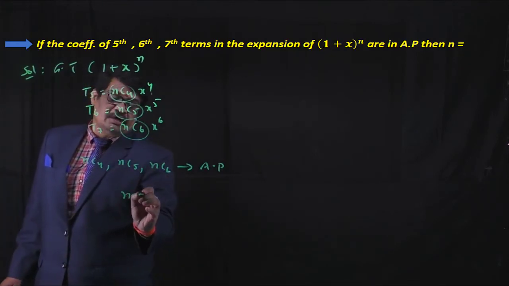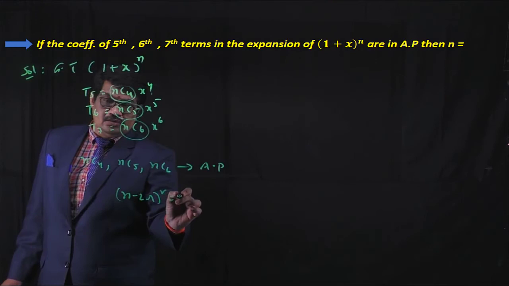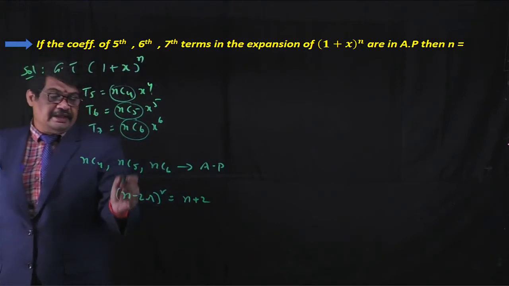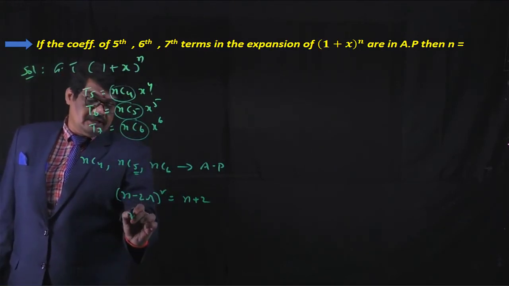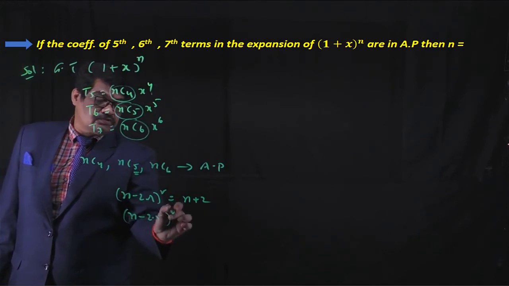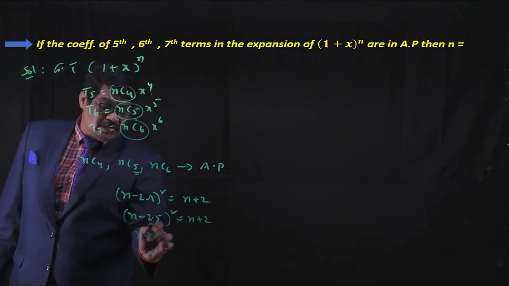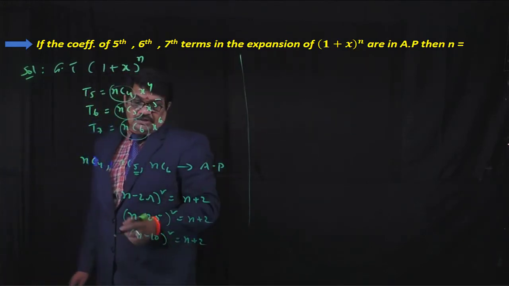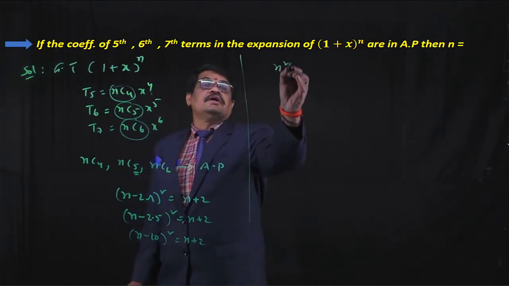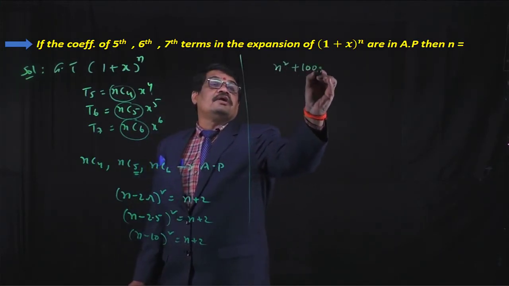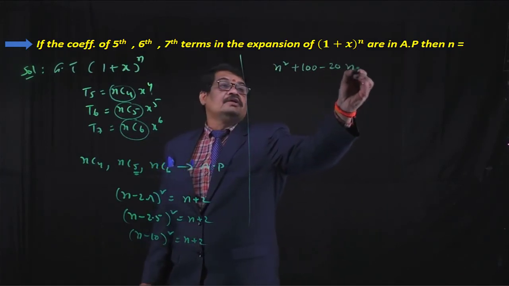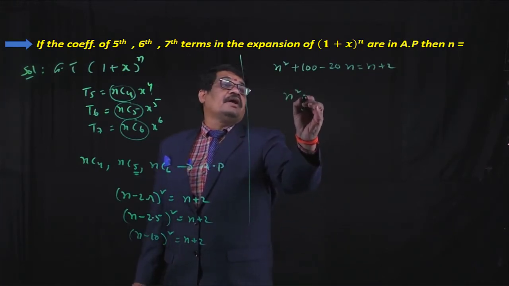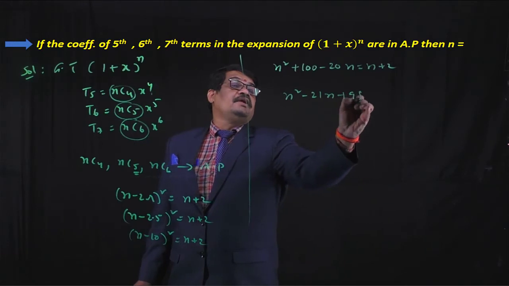These are three consecutive terms in AP, so what is the formula? (n − 2r)² = n + 2. Here r is 5, that is (n − 2 × 5)² = n + 2, that is (n − 10)² = n + 2. Expanding, n² + 100 − 20n = n + 2. Simplifying: n² − 21n + 98 = 0.